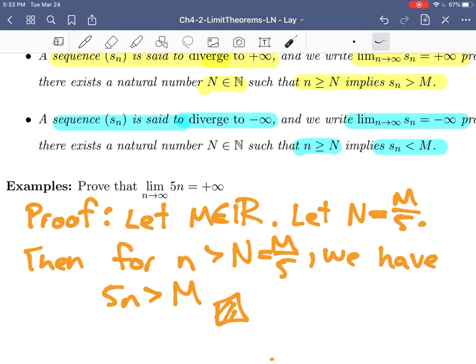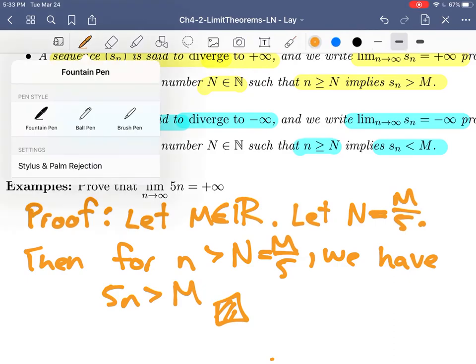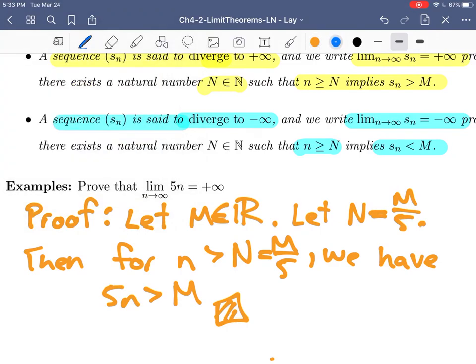As you might imagine, there's some background scratch work that went on before writing this. We don't just magically come up with m over 5. Off to the side, in our mind or in some scratch work, we said, okay, we need to have 5n be bigger than m at some point.